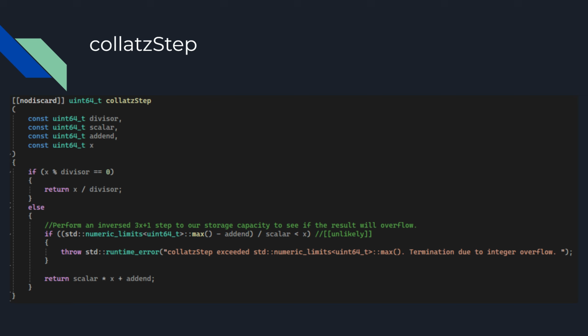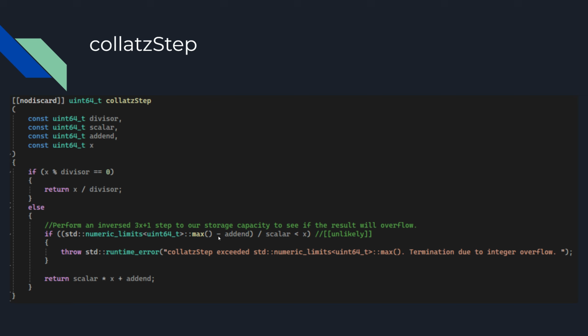we want to make sure our code doesn't crash. If we're multiplying by 3 and adding 1, we could get large numbers quite quickly. So we're going to check what the largest number we can store is by using numeric limits, and we're going to perform the inverse of that 3x plus 1 step.